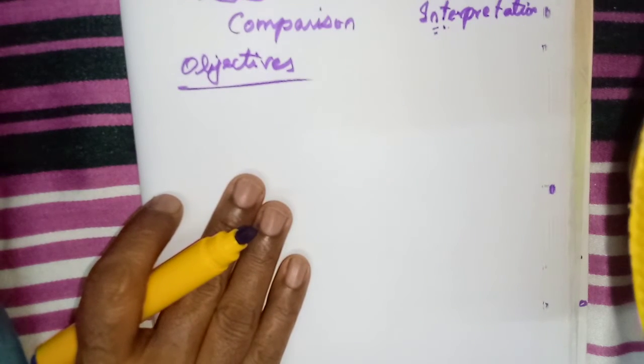Then they can determine the efficiency of the organization, the management or the employees, or analyze the trend in sales and production, whether it is an increasing trend or a decreasing trend.